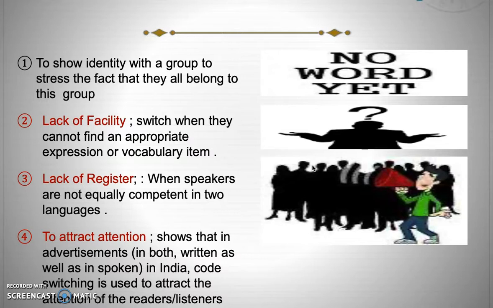In this case, you can mix both languages, I mean two languages. And in lack of register, speakers are not equally competent in two languages, so you have unbalanced knowledge in the two languages.